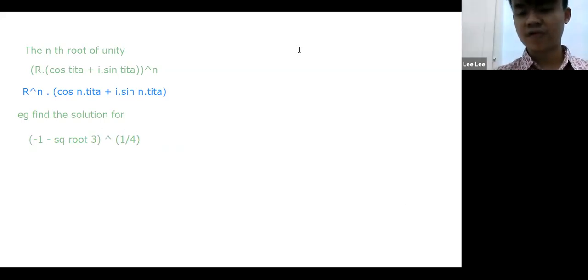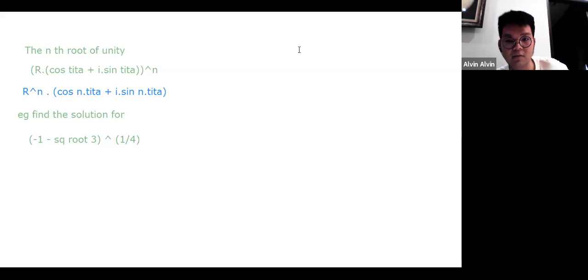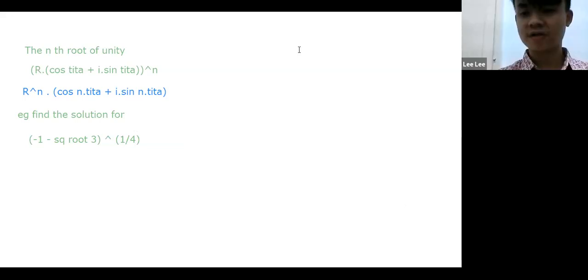So it means fourth root, you understand? Not square root, fourth root.